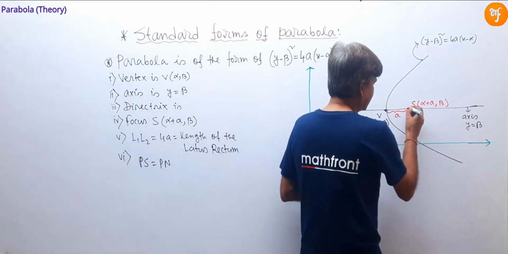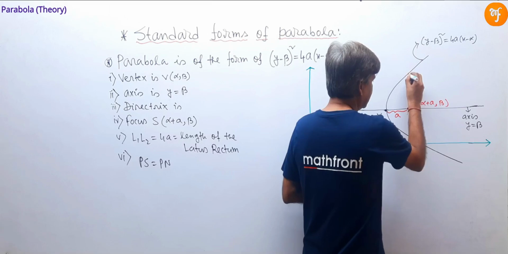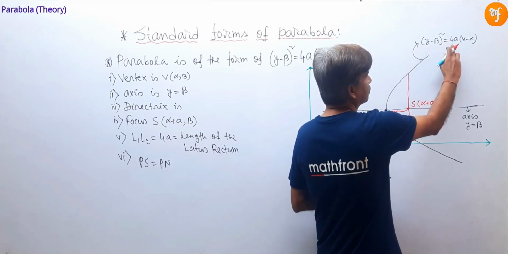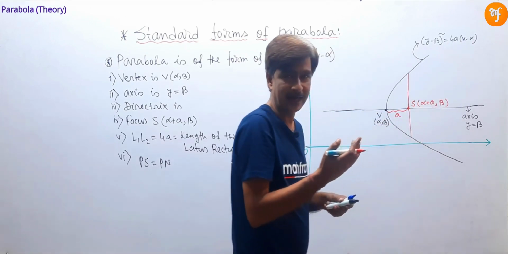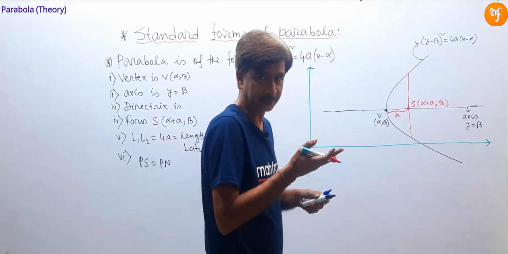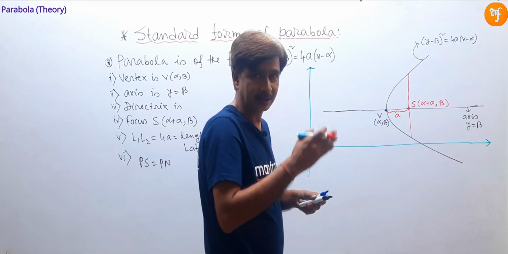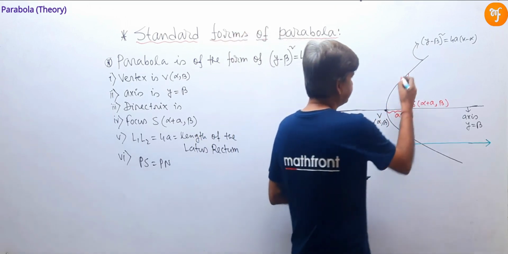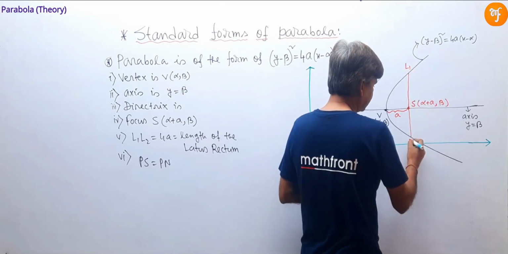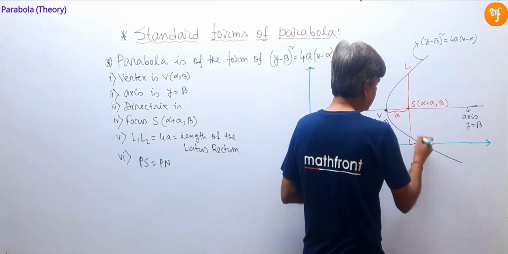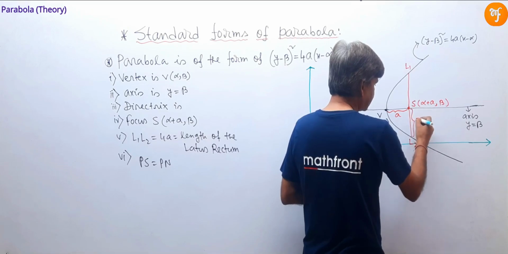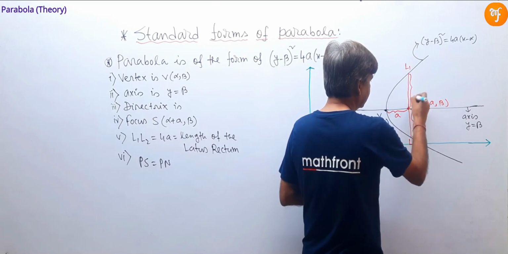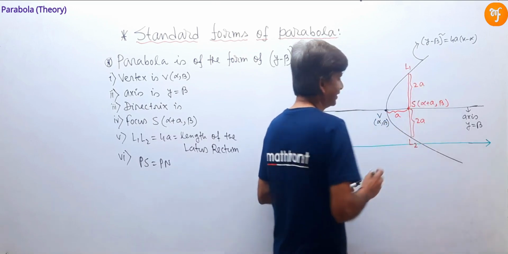And you should know that the length of the latus rectum, here again L1 L2, is equal to 4a. So y minus beta whole square is equal to 4a into x minus alpha has the same latus rectum L1 L2 having length 4a. So this is L1 L2, and SL2 is 2a, SL1 is also equal to 2a.